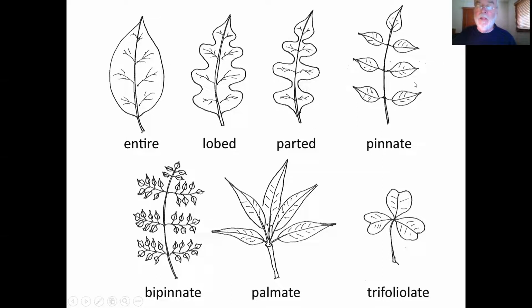And then if lobing has become so strong that the midvein becomes bare, then we call the leaf pinnate. And this is very, very important because pinnate leaves might give the impression that this is a stem followed by leaves. But as I will demonstrate, allow me to go back to the screen where I can make a demonstration.